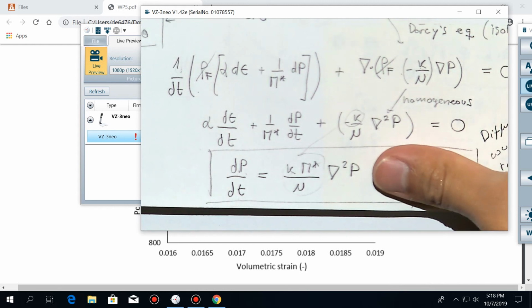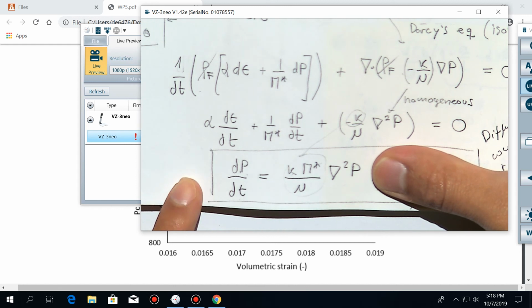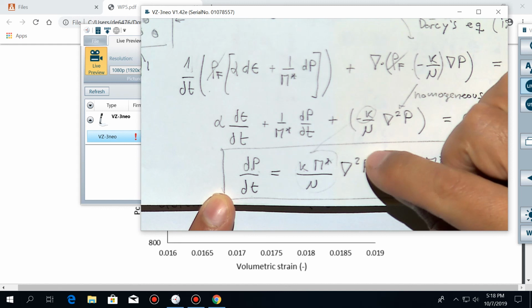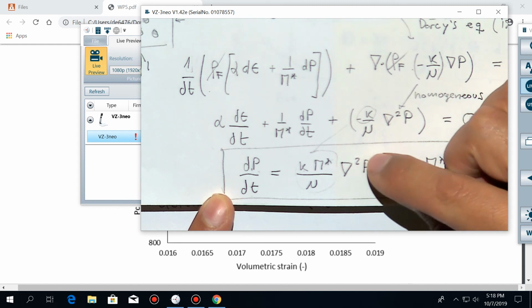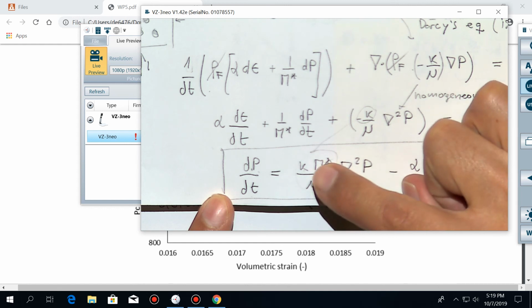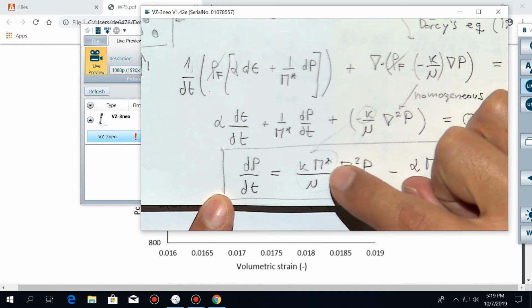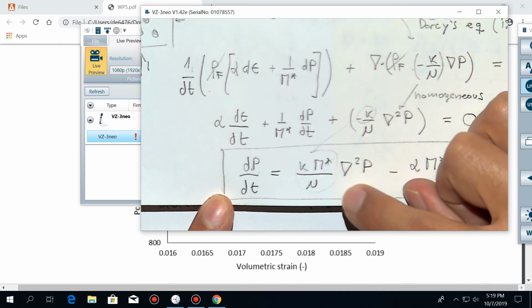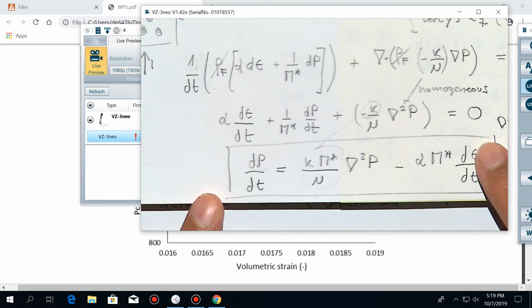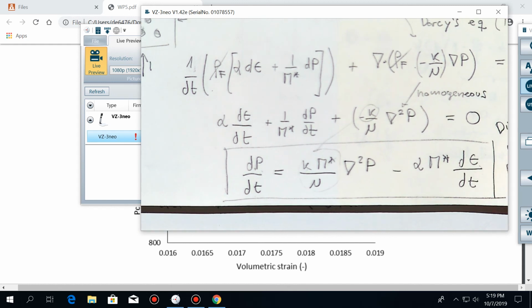That would be without poroelasticity. Basically, we want to predict changes of pressure as a function of time in a domain, which would be a two-dimensional, three-dimensional domain, depending on permeability, viscosity, and the compressibility of the medium. Well, to that, we'll add the component of poroelasticity that is going to tell us the variation of volumetric strain with time. Okay.